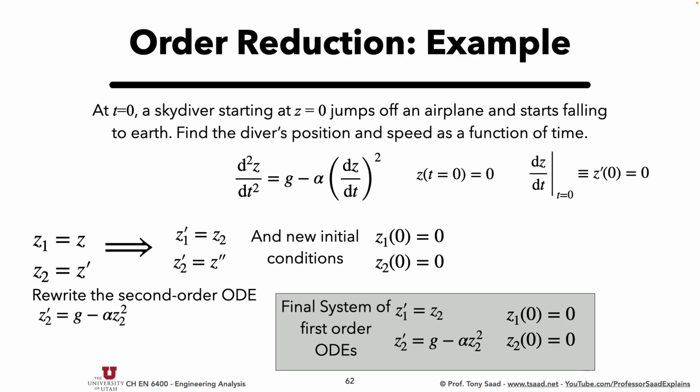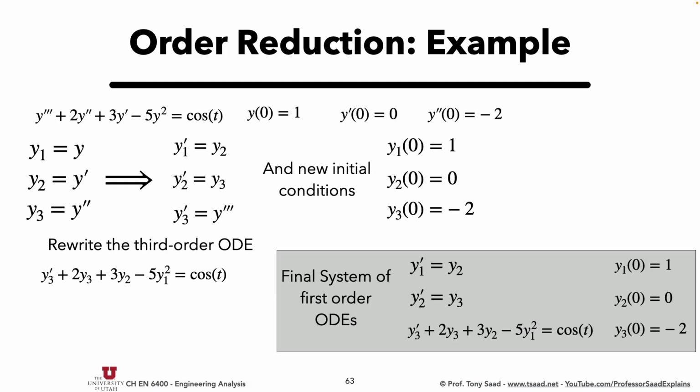Okay? Another example. We will solve this problem a little later. This is a parachutist in free fall. And another example with a third order ODE. So a third order ODE, you will end up with a system of three first order ODEs. Again, you have to declare a new variable for the zeroth derivative, first derivative, and second derivative, not the third one.